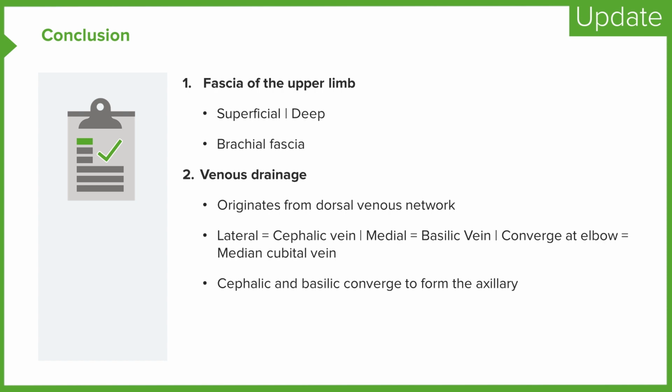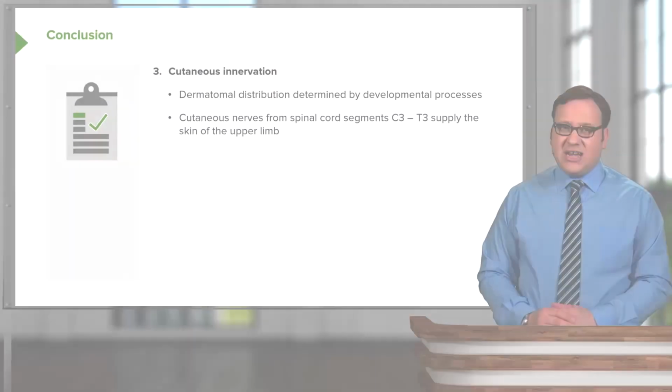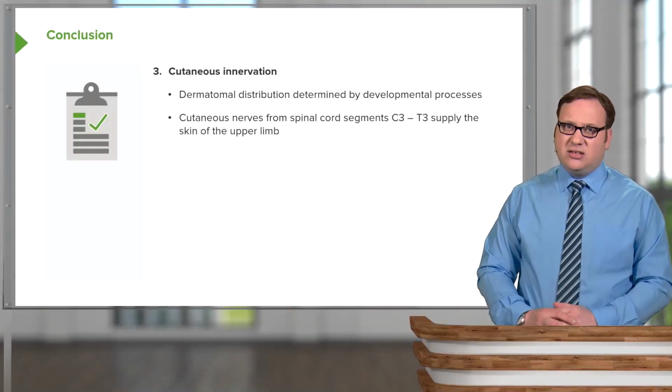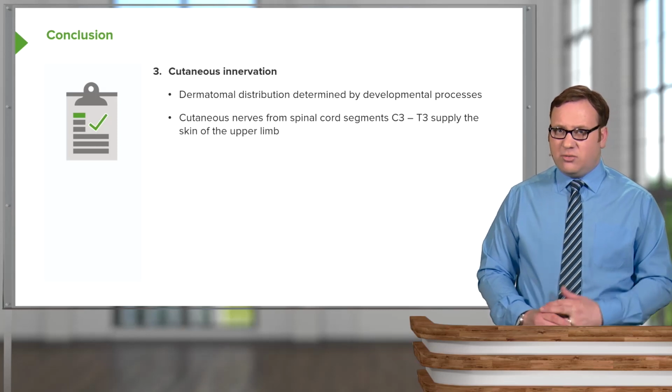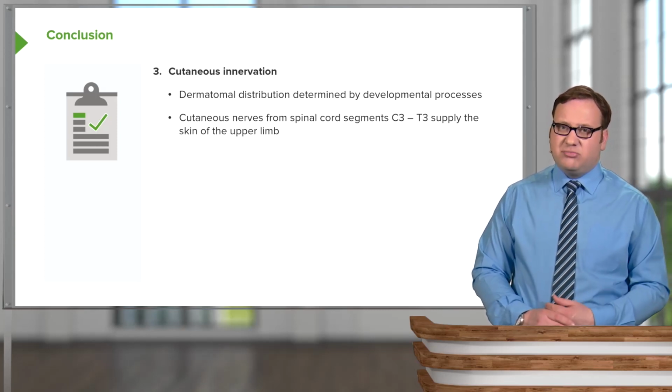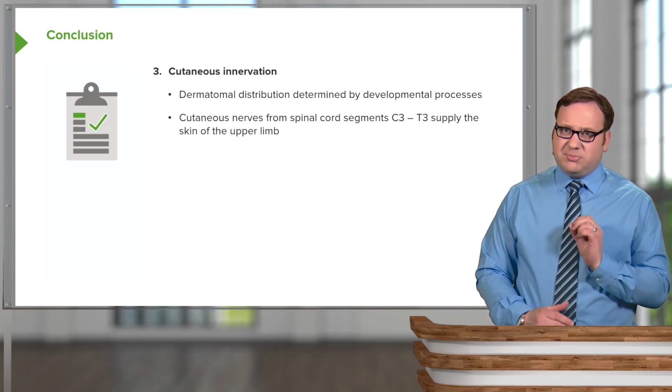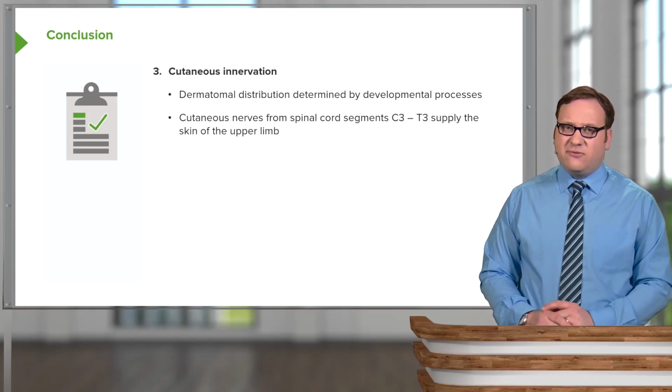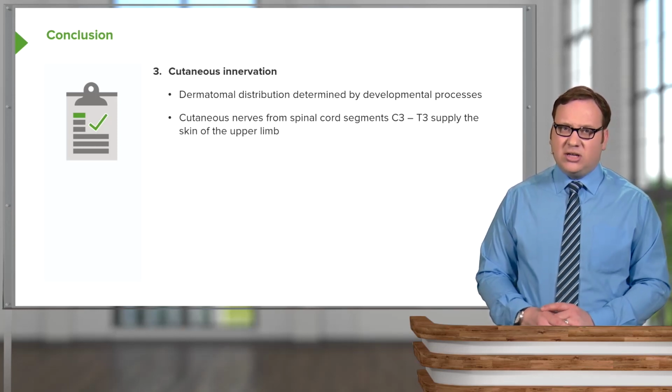We also see how the basilic vein and the deep brachial vein converge to form the axillary vein, which in turn converges with the cephalic vein to form the superior vena cava. And then finally we looked at cutaneous innervation, the dermatomal distribution, which is determined by those developmental processes, and the actual specific cutaneous nerves from the various spinal cord segments.